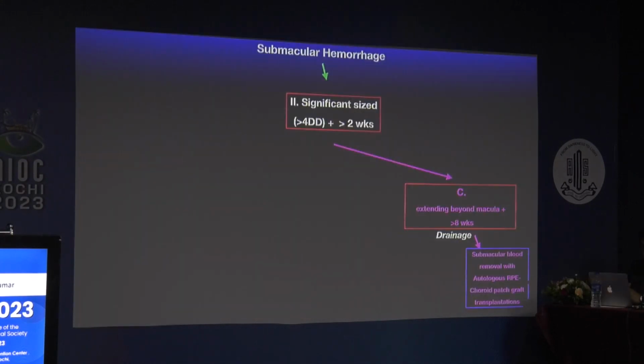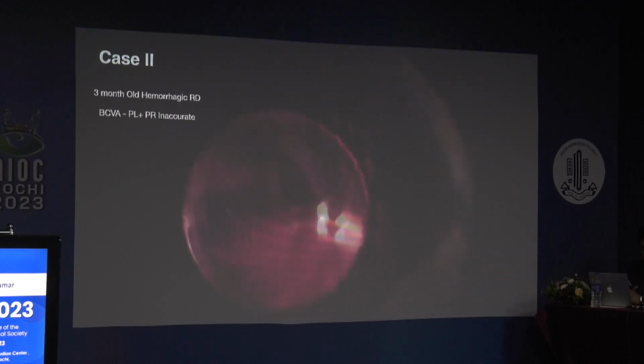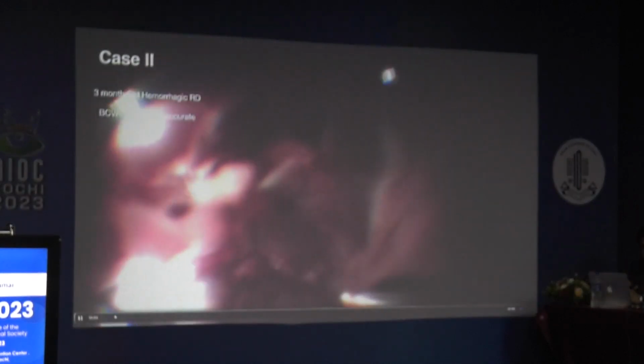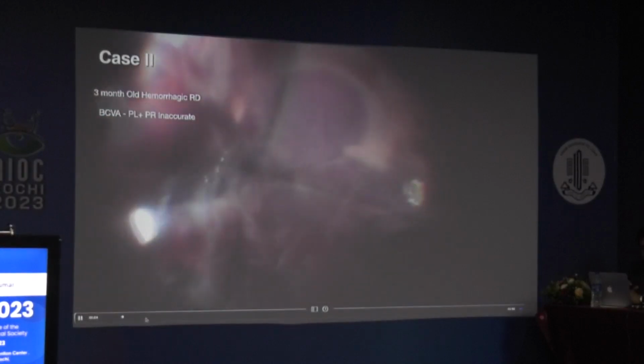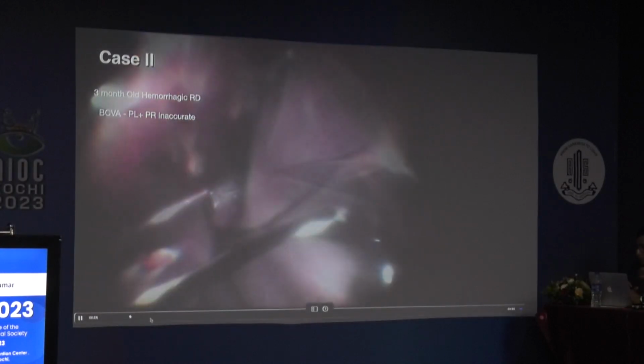Now coming to the more devastating situation where it is more than 8 weeks duration. So submacular blood removal along with RPE choroid patch graft transplantation, like in this case, a 3 months old subretinal hemorrhage. It is almost black colored, and you can see the amount of blood.